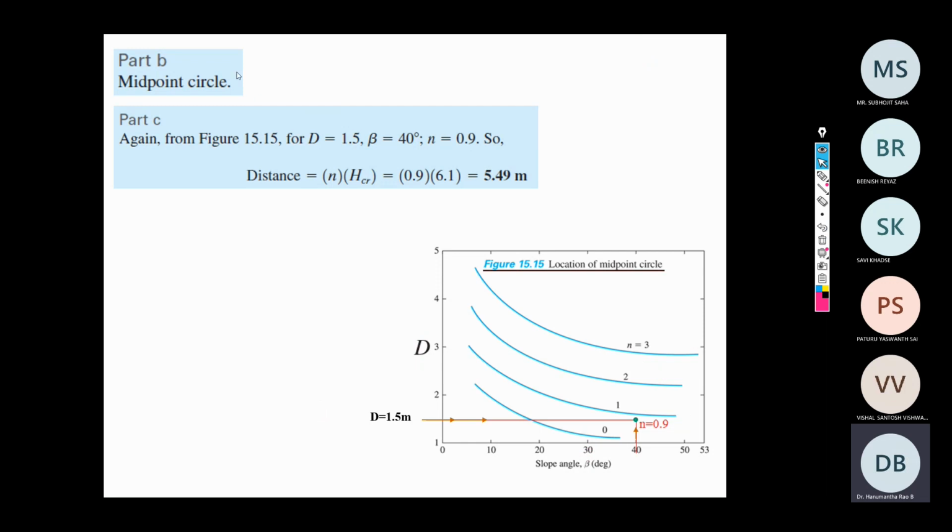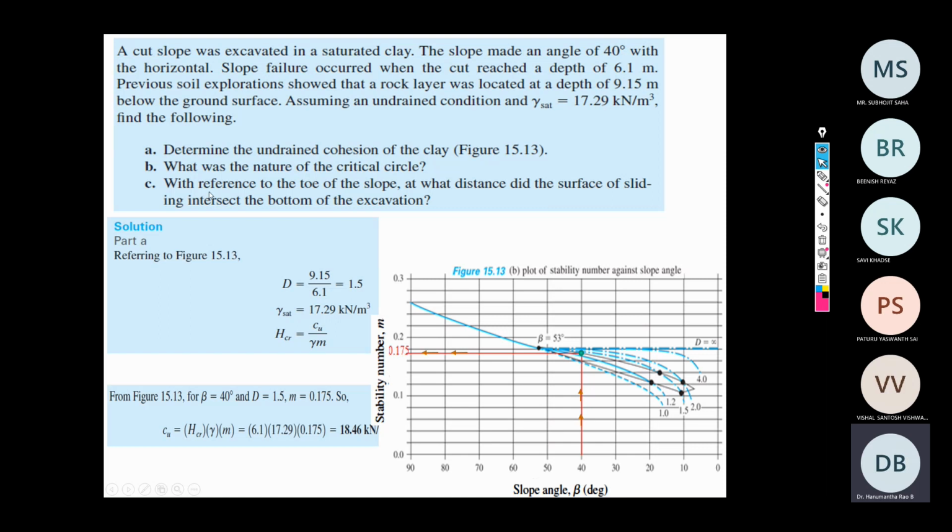So here it is saying midpoint failure. Why is it midpoint failure? The reason is the partial answer is given in the sum itself. The answer is in part C. If you look at part C, with reference to the toe of the slope, at what distance did the surface of sliding intersect? That means it should be some kind of a base failure.